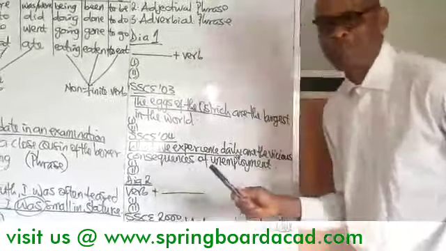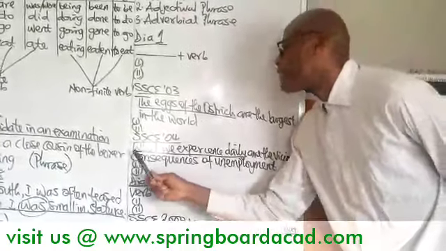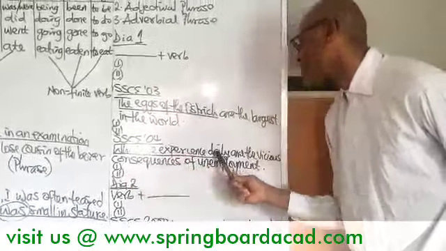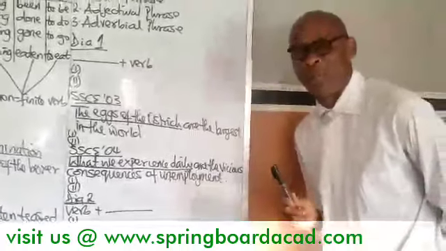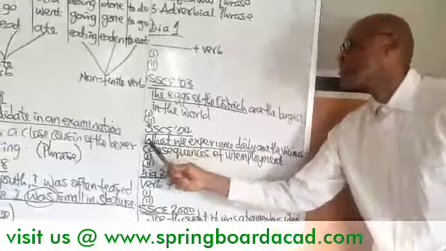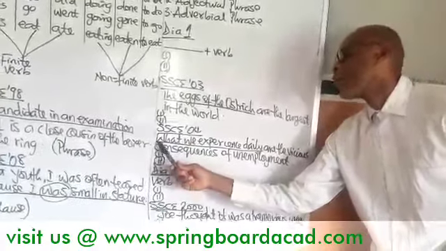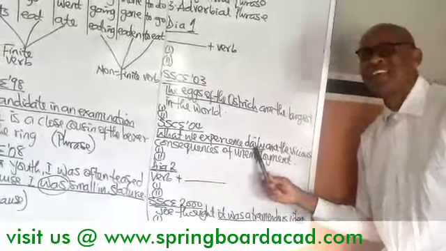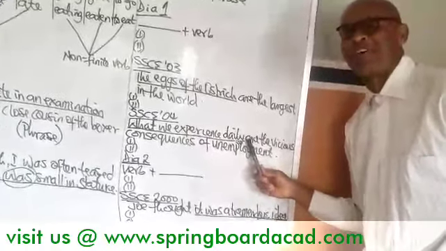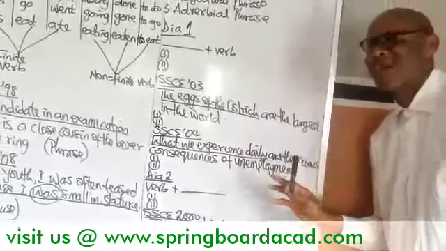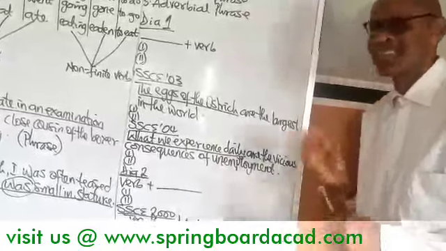I think it's also passage 6. You're going to find again, it says, what we experience daily are the vicious consequences of unemployment. Look at it. The underlined words are what we experience daily. Immediately after that underlined group, there is the verb again in front. It can't be any other thing but this.